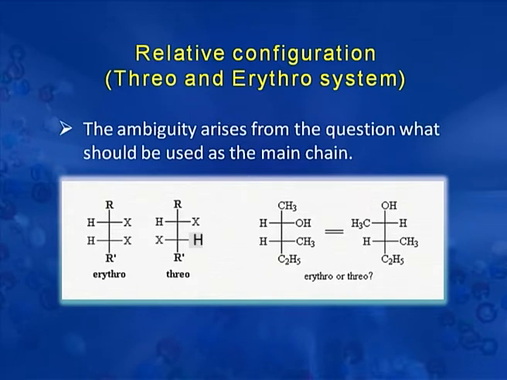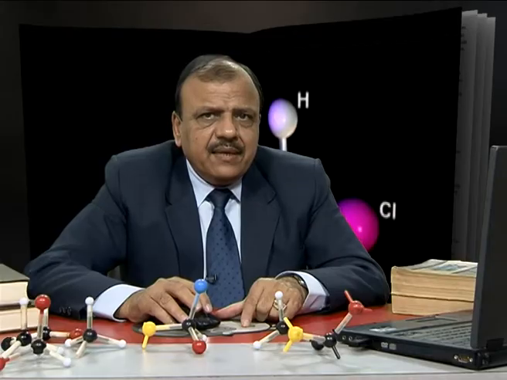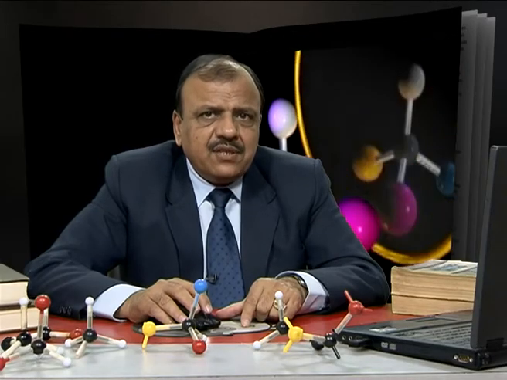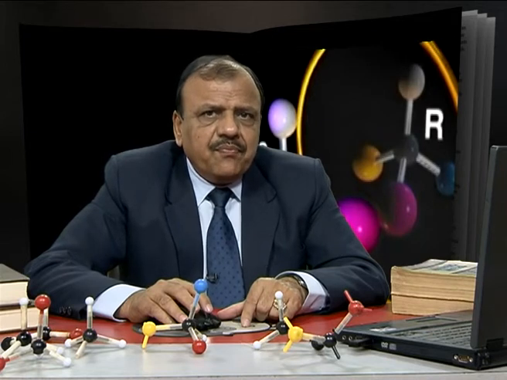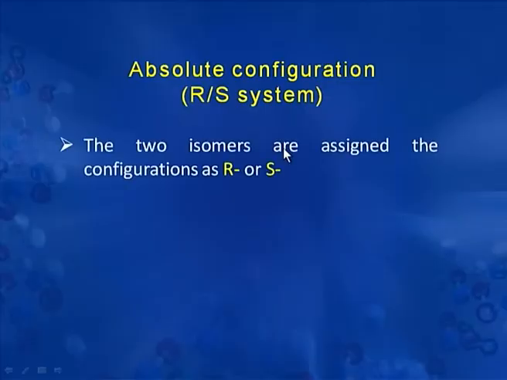Actually, what was required? An absolute method, a method which gives the configuration directly on the basis of the arrangement of atoms, and that system was the R and S system. This R and S system is based on those CIP rules which we use for the E and Z system for geometrical isomers.